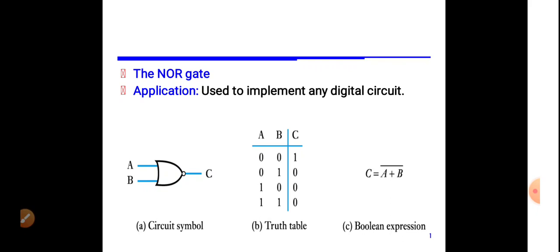So the conclusion for the NOR gate is: if at least one of the inputs is high, the output is low. If all the inputs are low, then only the output is high.